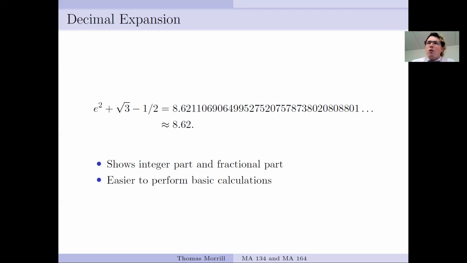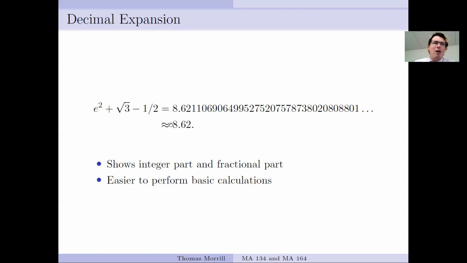Now, one of the benefits right away is that I can tell if this is a very large number or a very small number. Here I can say it's a little bit more than 8.5. I can also tell right away if it's a positive number or a negative number, since we'll just put a negative sign out on the front for negative numbers. So strictly speaking, this is giving me the exact value of the integer part, right? The integer that would be closest from below would be 8.